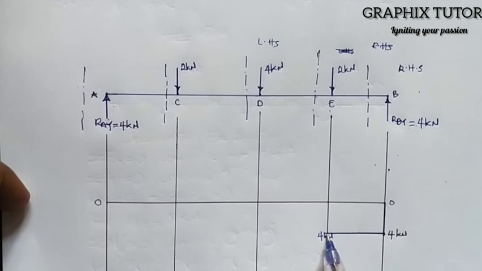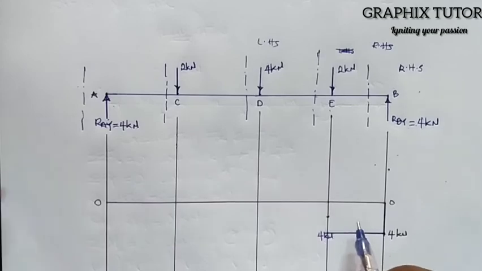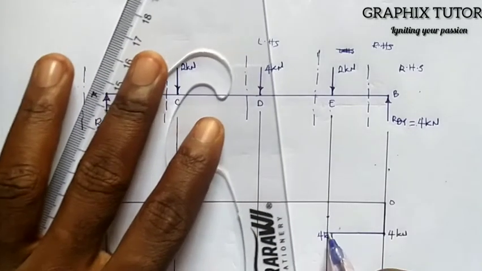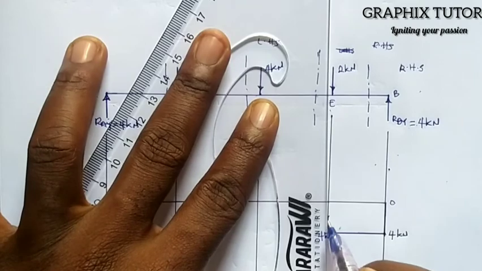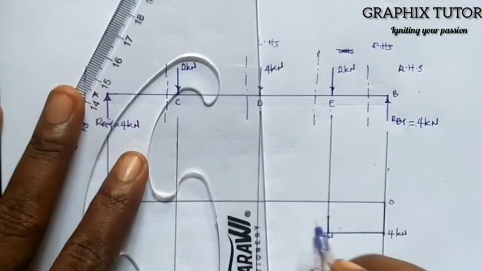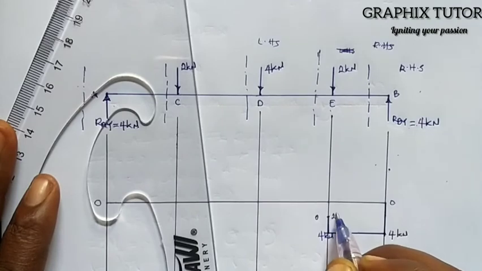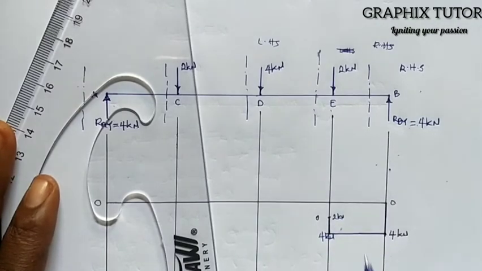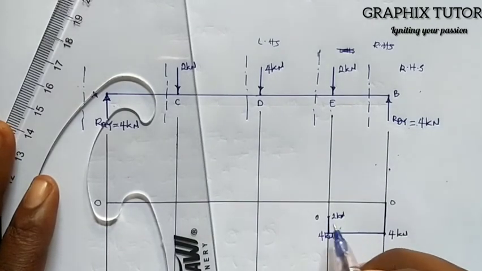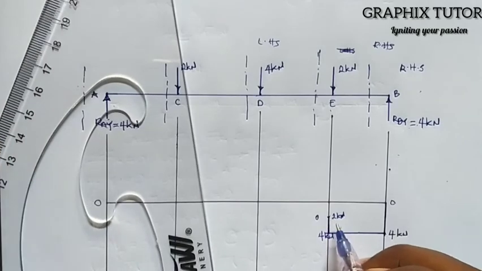So we're going to move up. This is 4. We'll go backward. Minus 2 will be somewhere around here from 0, minus 2, right? So I'm going to join this to this point, and this will be the 2 kilonewton. I'll just put my 2 kilonewton here, right? 2 kilonewton, because it's downside, I have to write the negative sign here.